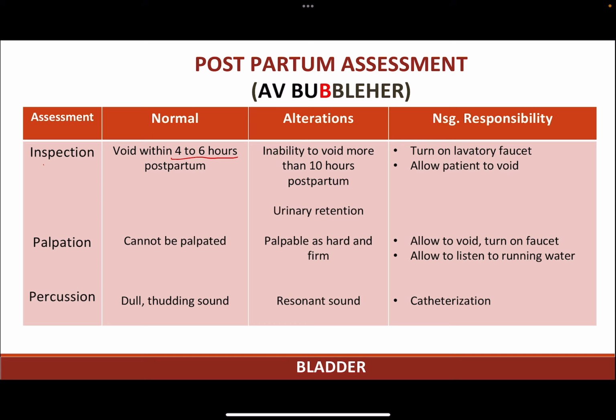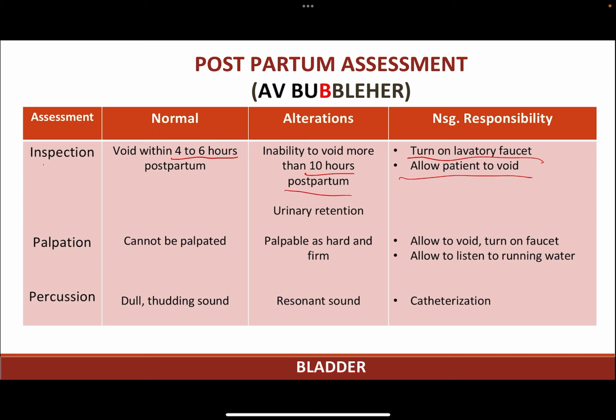But in the alteration, if there is inability to void more than 10 hours postpartum, then there is urinary retention, and always refer to your physician. If ever that happens, your nursing responsibility is to turn on the laboratory faucet and allow the patient to void, so that the patient will hear the water flow, which can lead her to void.